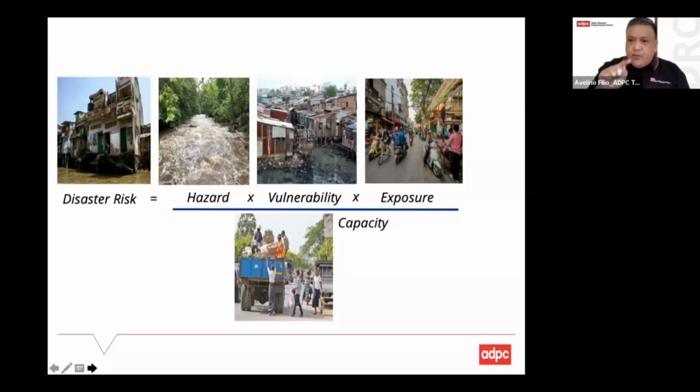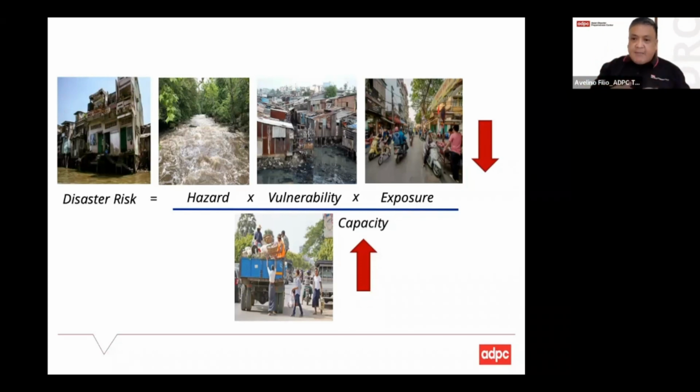Now, where does capacity, or coping capacity, come in? Look at it: capacity, and exposure and vulnerability, it's inversely proportional. If you increase capacity, then you reduce vulnerability and exposure.